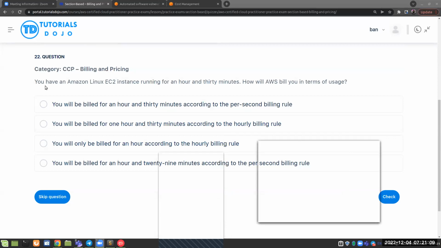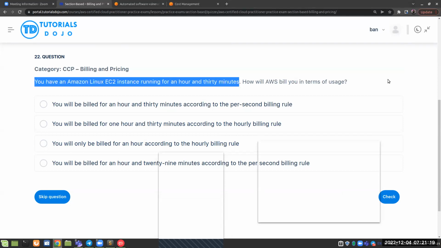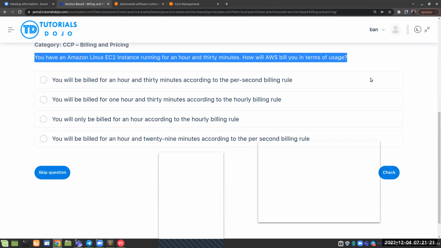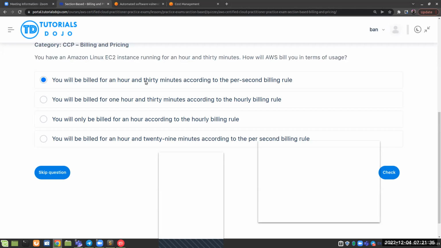This one is for you, Edwin. You have an Amazon Linux EC2 instance running for an hour and 30 minutes. How will AWS bill you in terms of usage? It's A. You will be billed for an hour and 30 minutes according to the per second billing rule.